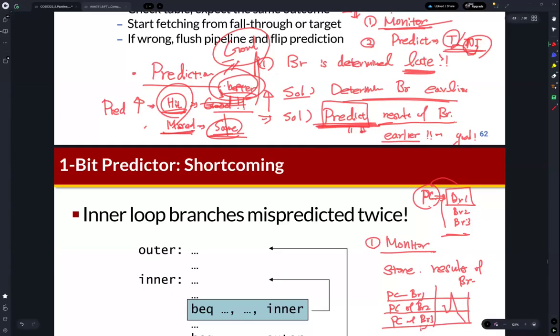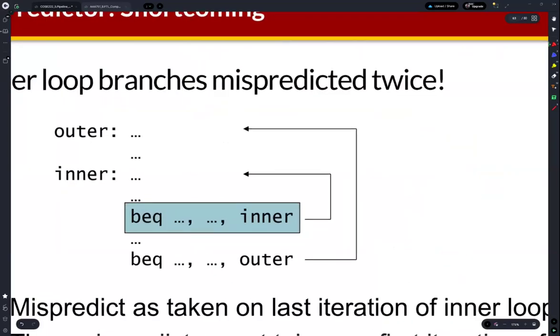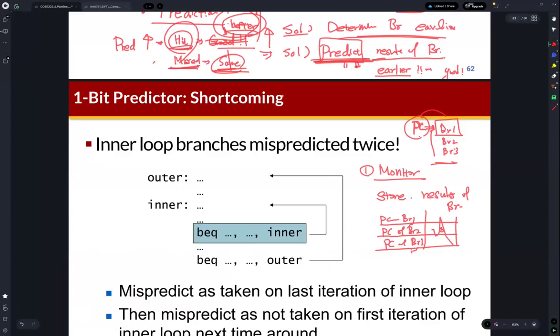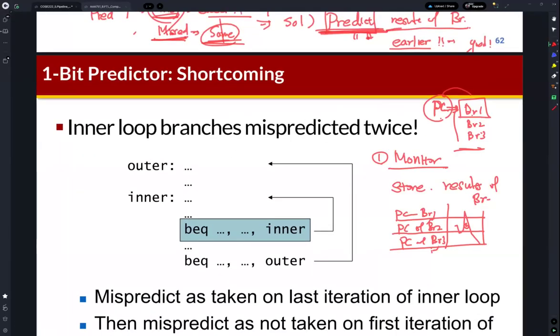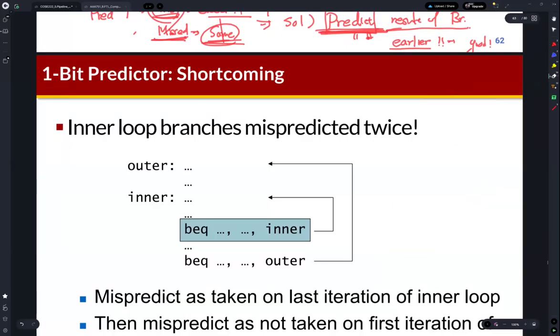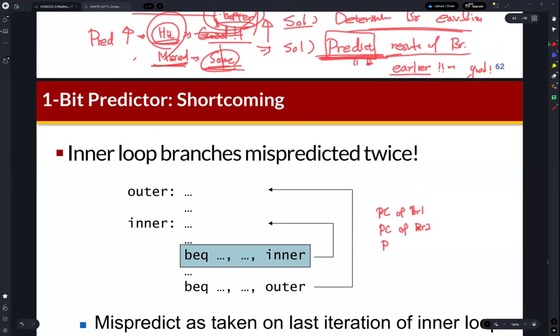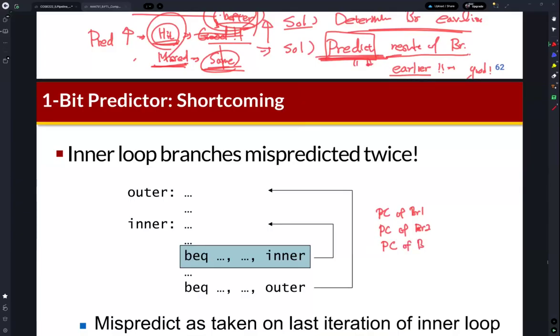So what is the result of a branch instruction? PC of branch 1, PC of branch 2, because we can identify a branch instruction using the PC.